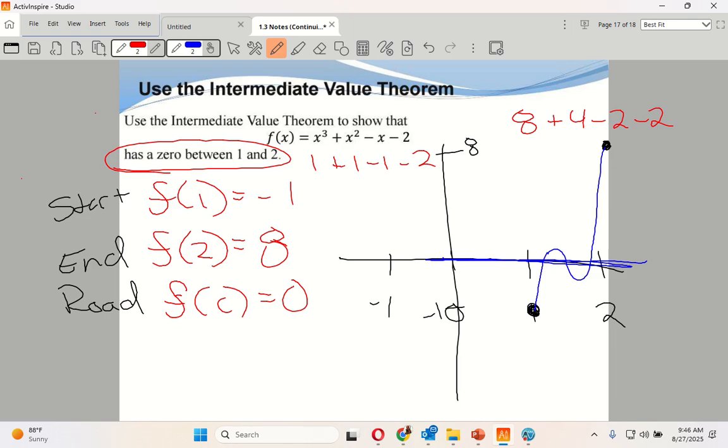So let's say I give you a problem that's something like this. I'm going to say, hey, start is here, end is here. It crosses 3 times. Draw a graph. 1, 2, 3. What if I had another one that said crosses twice? What would it look like?